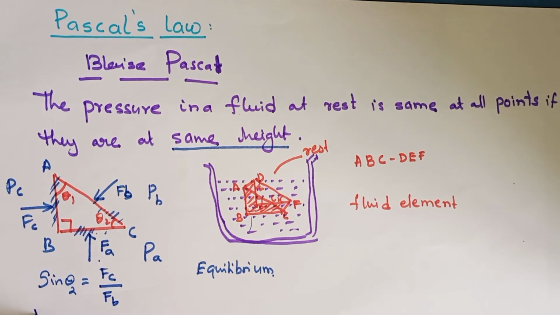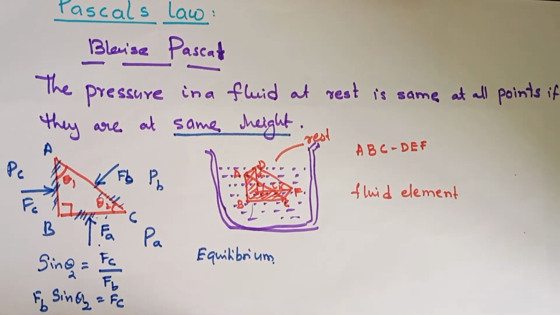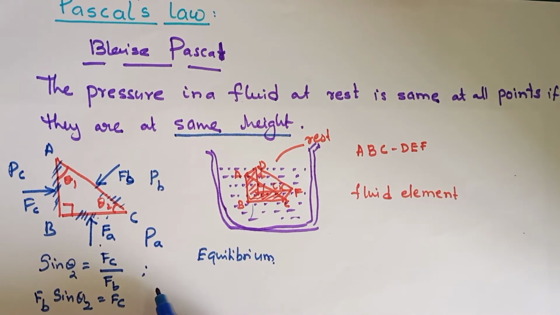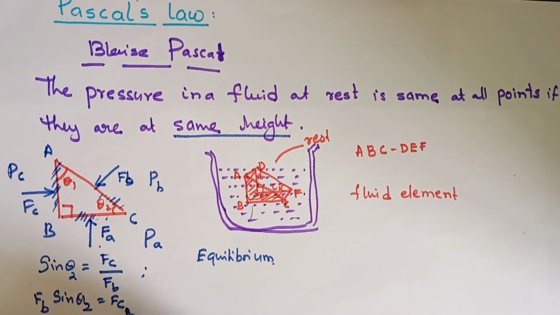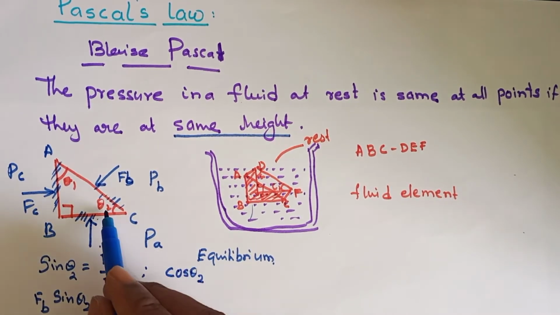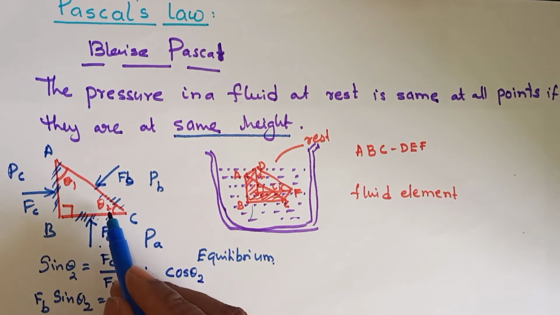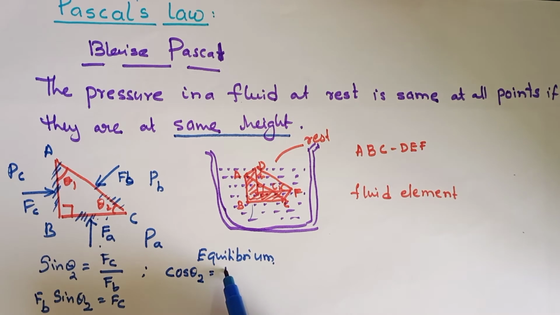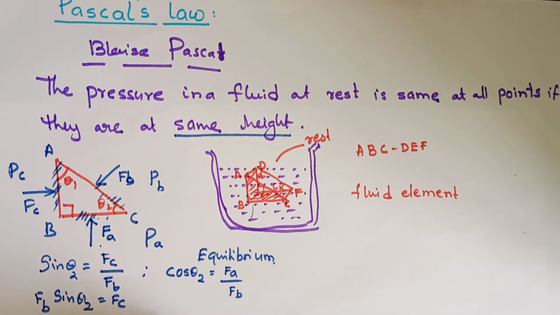So FB sin theta 2 is equal to FC, right? Similarly cos theta 2 is the adjacent side FA by FB. So FB cos theta 2 is equal to FA, right?